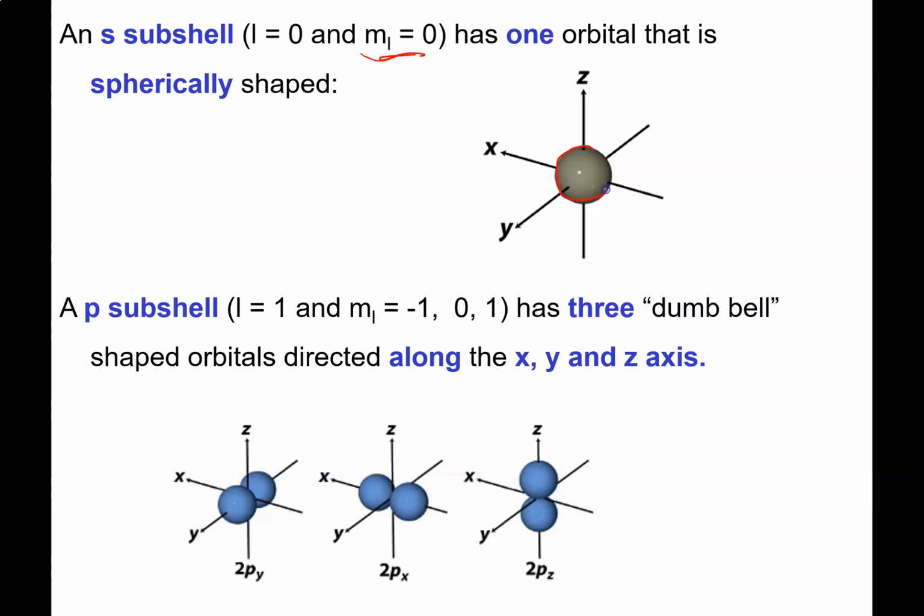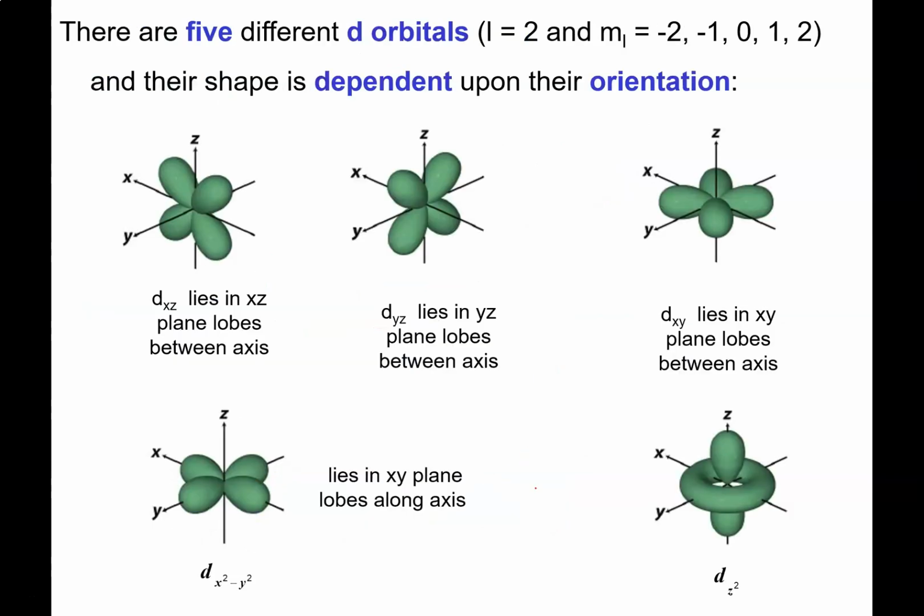There's only 1 orbital in an s subshell, and it's spherical in shape. A p subshell has l equals 1, and there are 3 values for ml, the orientation, and these correspond to orbitals directed along the x, y, and z axes, at 90 degrees to each other. They have the same shape because the shape is determined by the l value, but they have different orientations.